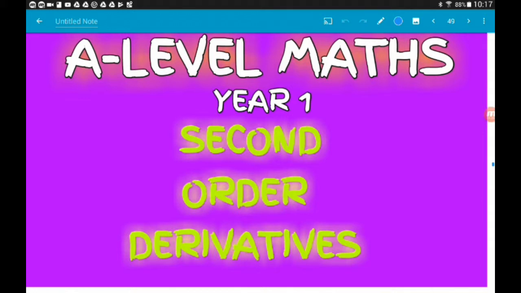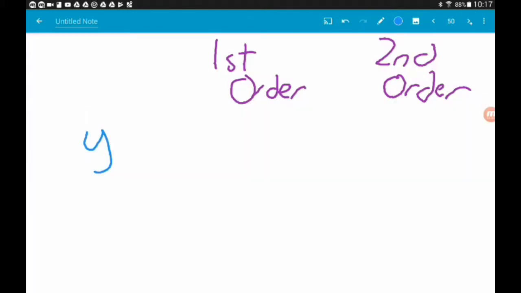So, first up, there's a bit of new notation. Let's say our function is called y, then our first order derivative we might write as dy over dx, or the notation that I prefer, we might also call it y dash of x.